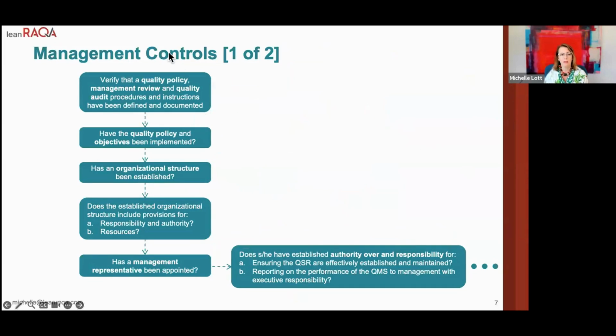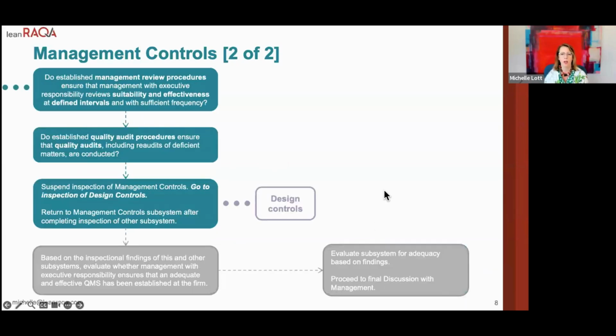So the style of the current QSIT model is it's a flow chart, if you will, of questions to ask, information you should be gathering at each step, and then what you should ask next once you answered the previous question. It kind of shows you where to go.